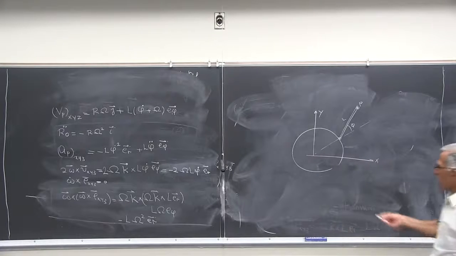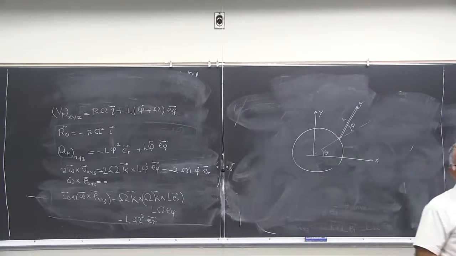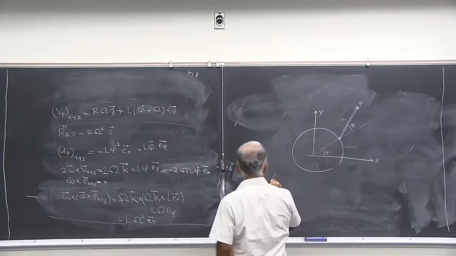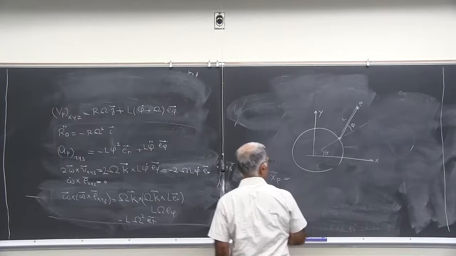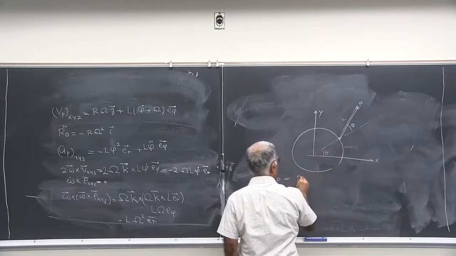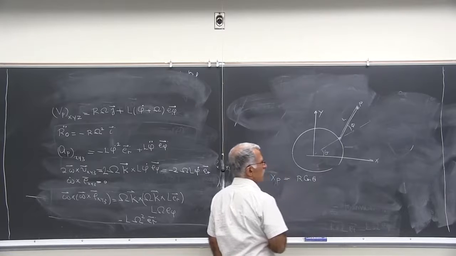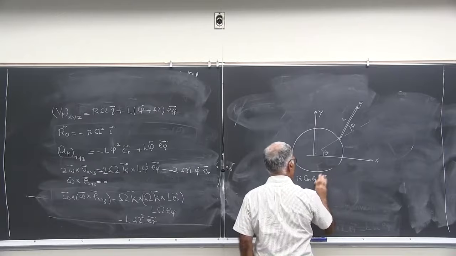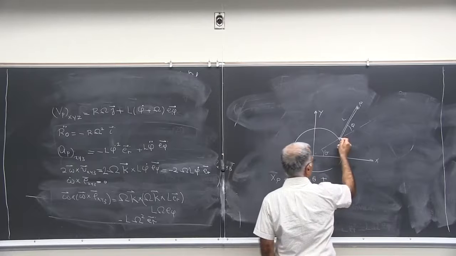So here is my problem. At any instance, this angle is theta. At any instance, this angle is phi. What is the coordinate of this point? So you can say the coordinate of that point, xp, is equal to r cosine theta plus L cosine of this angle.